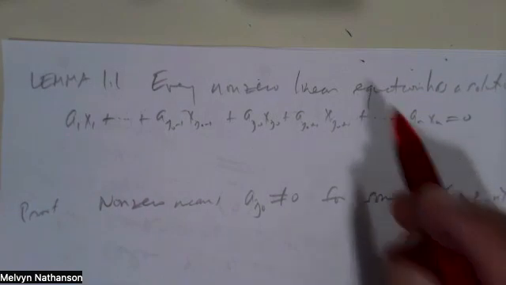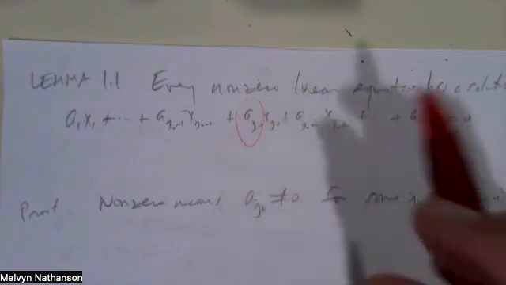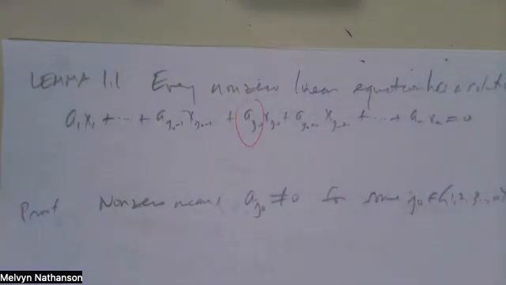And if the equation is non-zero, some coefficient is non-zero. Maybe many of them or all of them are, but at least one is. So let's say that a sub j naught is different from 0. So I claim this equation always has a solution.